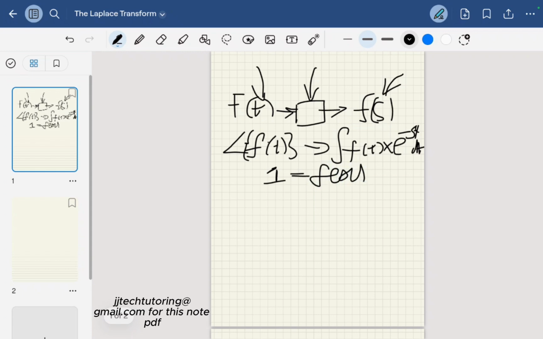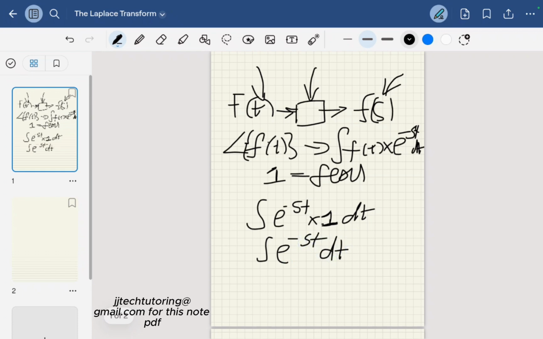We are going to find the Laplace transform of 1: the integration of e to the power negative st multiplied by 1 dt.